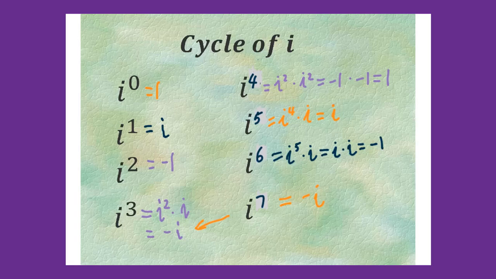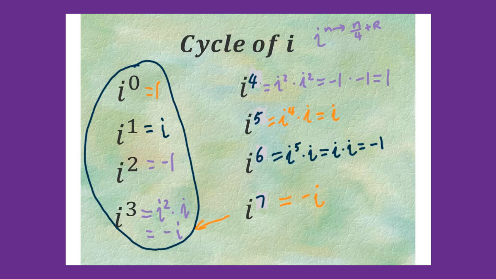So the clue is, if you have i to the nth power, you divide n by 4, and the remainder is R. Then R will give you the answer.